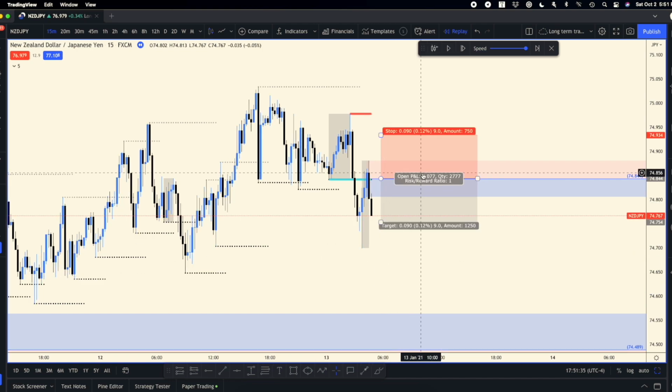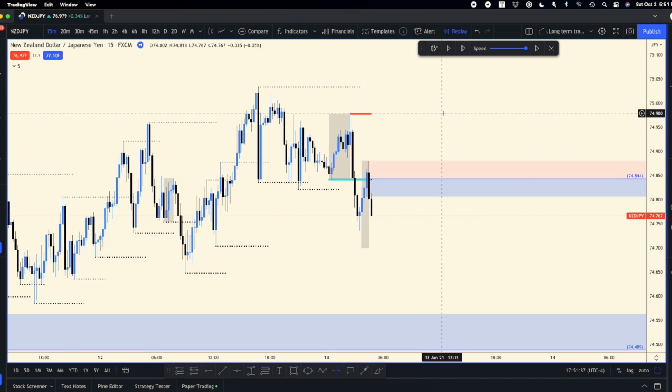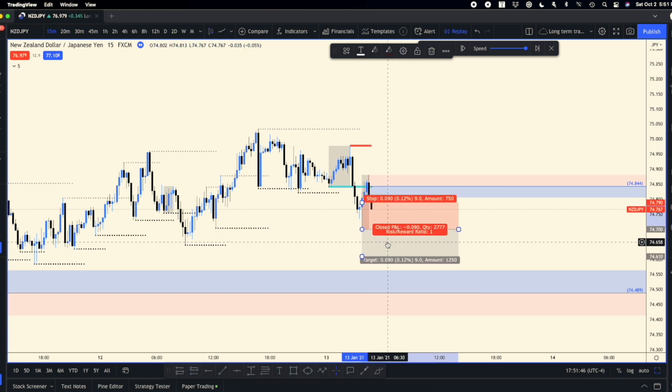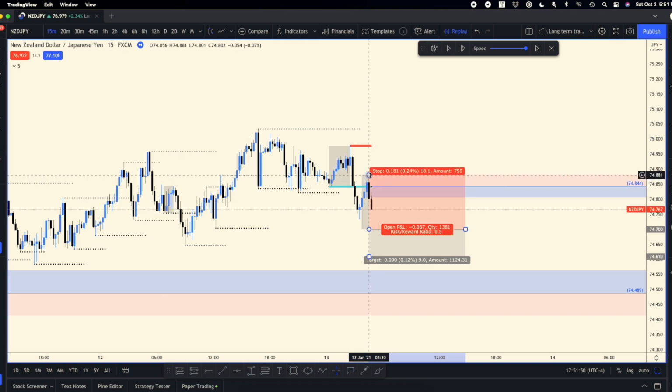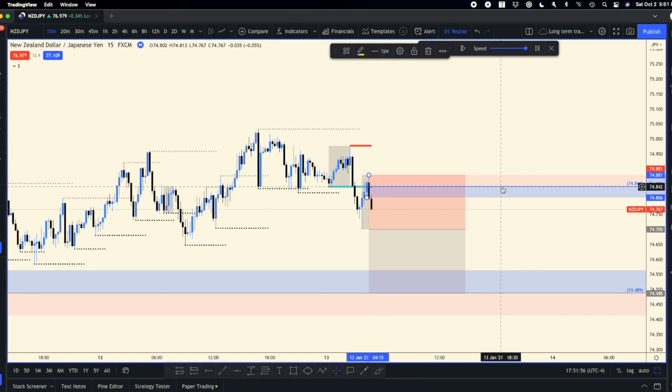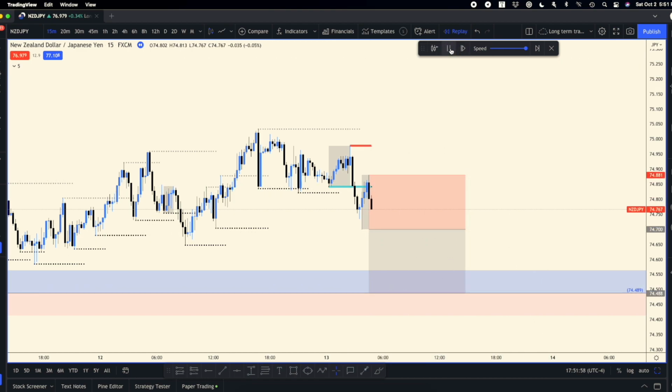But this isn't valid yet for me to even try to enter because it didn't break this. But let's go to sell stop. We didn't get in just yet, but let's go to sell stop. 20 pip. Goodness gracious. Yeah, that's a lot. Anyway, let's see what happens.